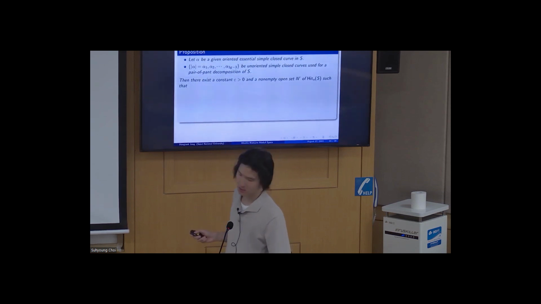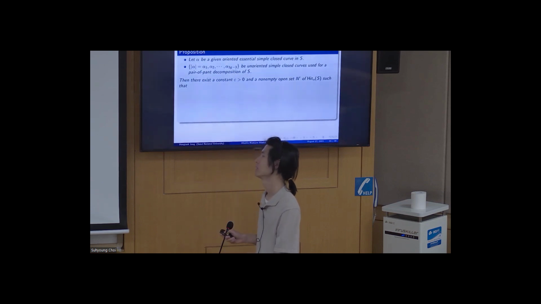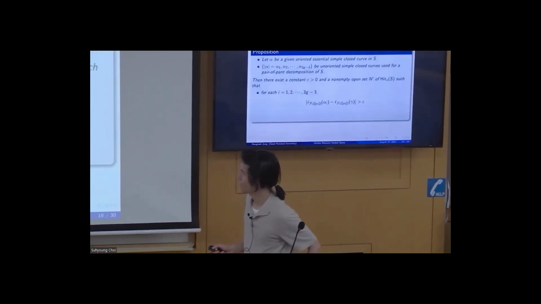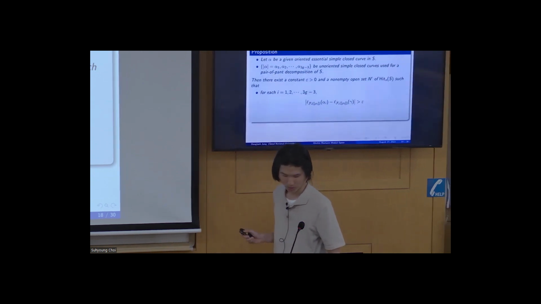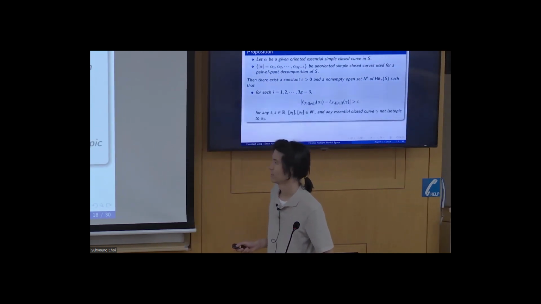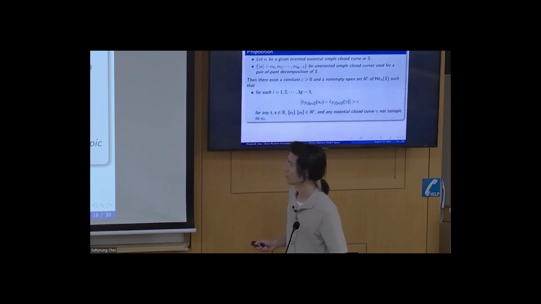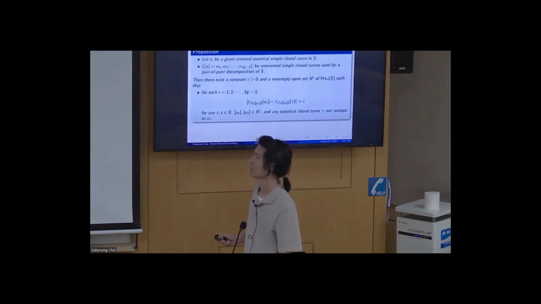Then there exists a constant epsilon and a non-empty open set N prime in the Hitchin component, such that for any i, this inequality holds for all t and all s, all representations from our open set N prime, and for all essential simple closed curves gamma not isotopic to alpha i. This shows that this N prime has a length spectrum that is non-degenerate.